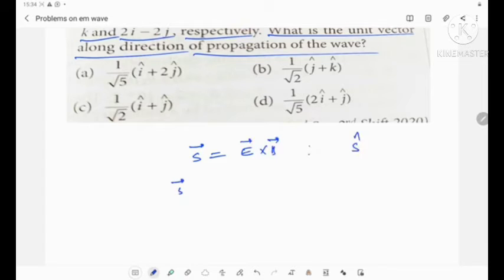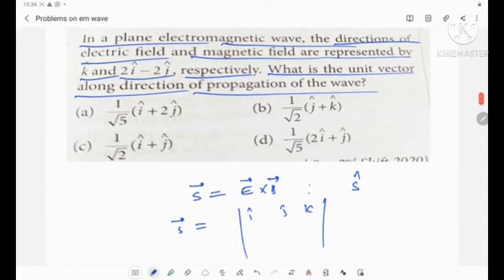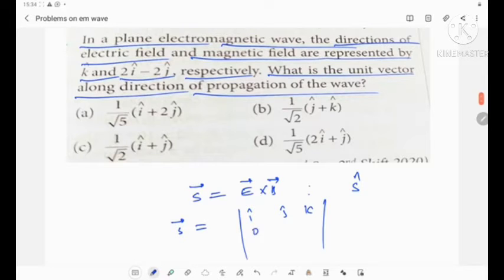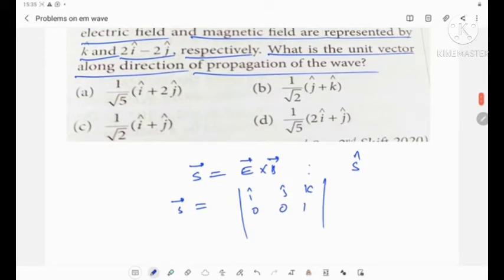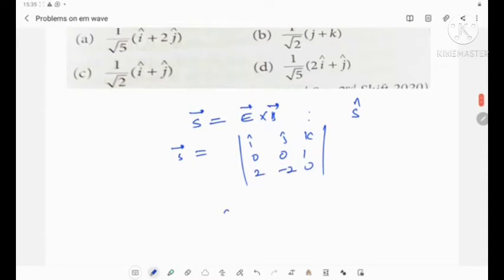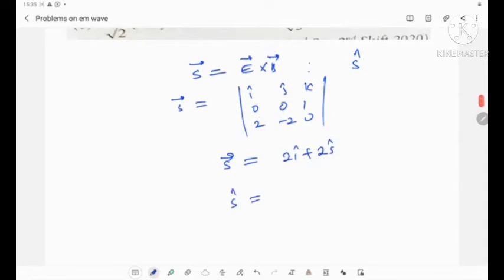First of all, find out the S bar, therefore i cap, j cap, k cap, and the components of E bar, that is given as electric field, is only k cap, therefore 0 0 1, whereas magnetic field is 2, minus 2, 0. From this S bar is equal to 2i cap plus 2j cap, but the unit vector S cap is equal to 2i cap plus 2j cap divided by square root of 2 square plus 2 square.